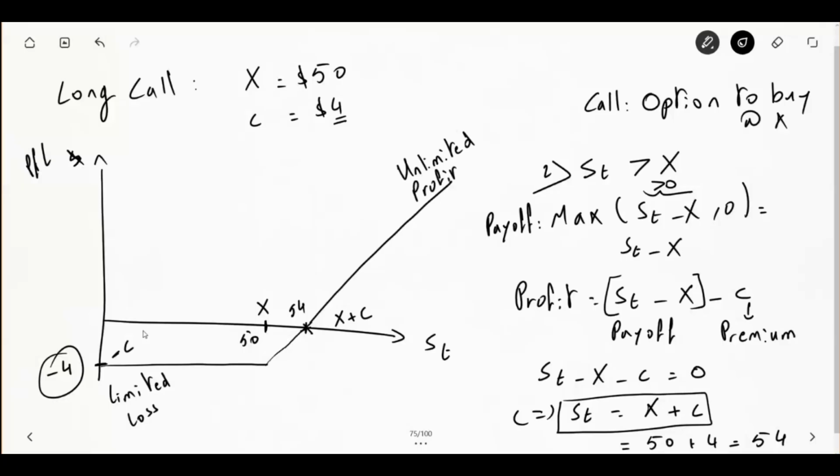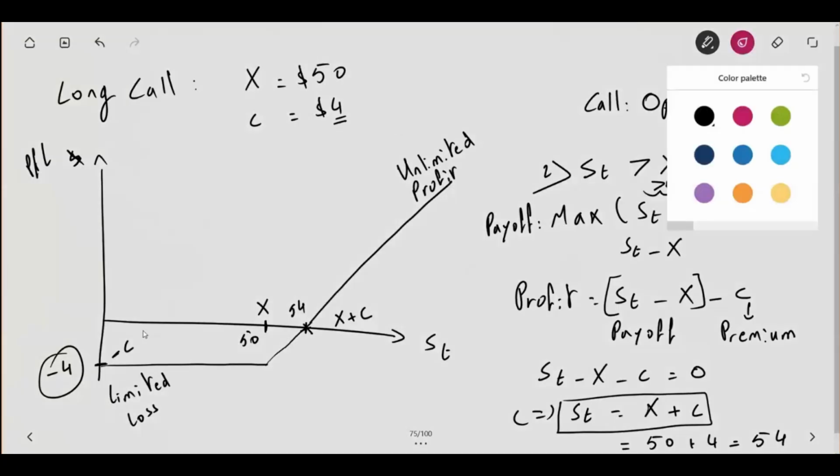Now, working with that same example, if I want to check what's the profit for the party with the short position, I'm going to use a different color. In this case, the party with the short position will have exactly the opposite of the payoff or of the profit of the party with the long position. So here, when the price is below 50, below the strike price, the party with the long position will not exercise.